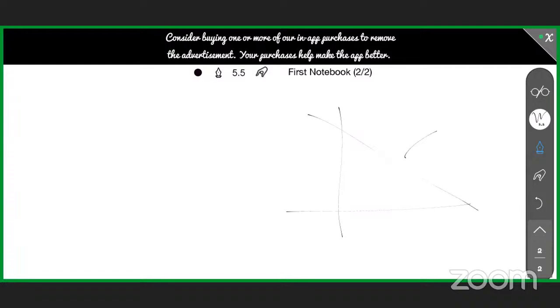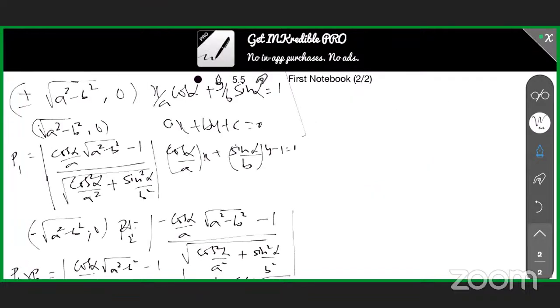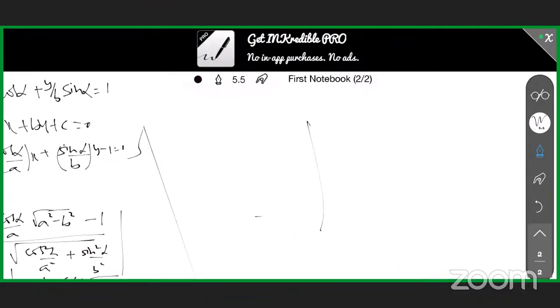This line, what is it called? Perpendicular from the origin. This line is making a perpendicular from the origin with an angle of 30 degrees from the x-axis. This angle is 30 degrees, they're telling, and it forms a triangle of area 50 by root 3 units with the coordinate axes.